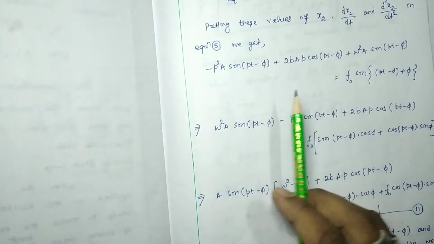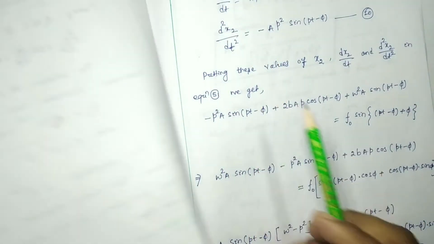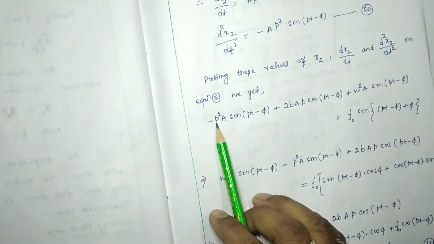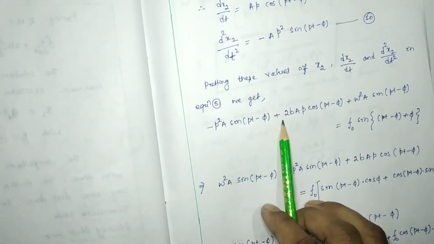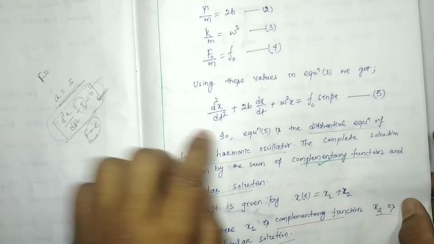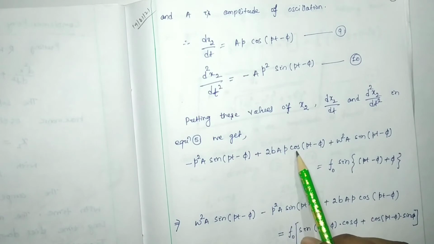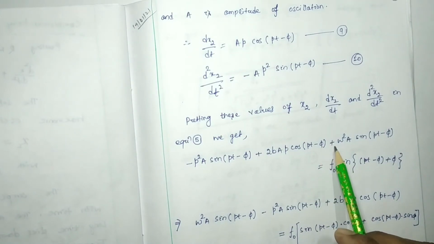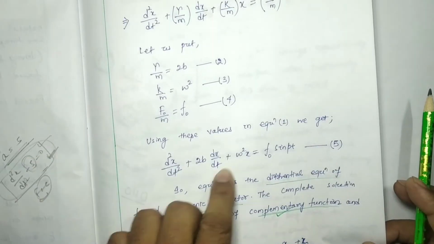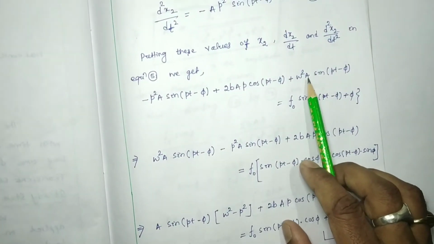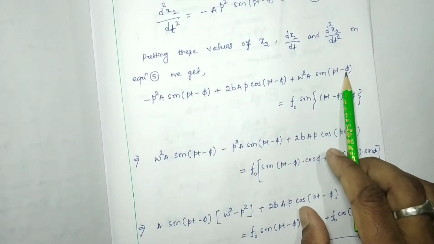Then what will happen? d square x by dt square will be minus p square a sin(pt minus phi), plus 2b into dx by dt, which is 2b into a p cos(pt minus phi), plus omega square x. X means a sin(pt minus phi).